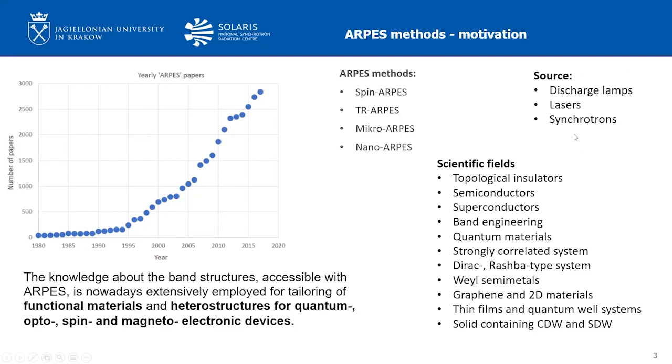The scientific field is now huge compared to 10 or 20 years ago, and is more extensively exploring materials. For example, the topological insulators, with the effects boosting the ARPES methods, and the renaissance of interest in band structures.